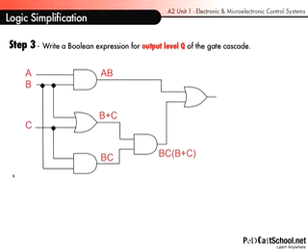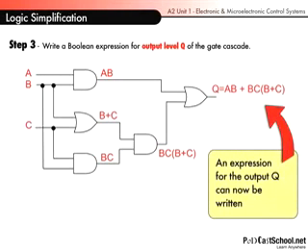That leaves us with the output where we had Q before. Q equals AB, that's up here, or, and then this lower term, BC, ANDed with (B or C). And that's the expression for Q. So that's the full expression Q at the output in terms of A, B, and C.